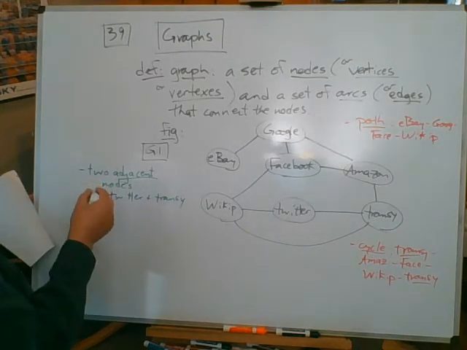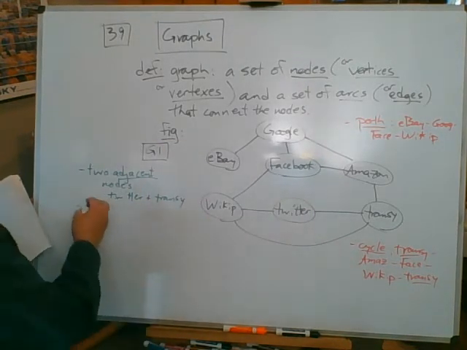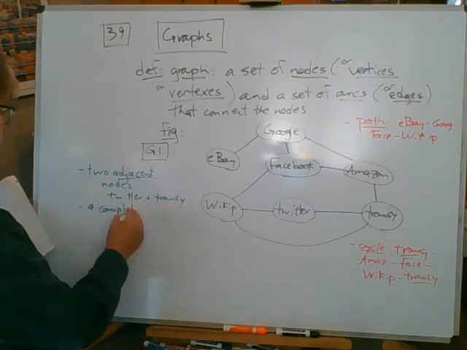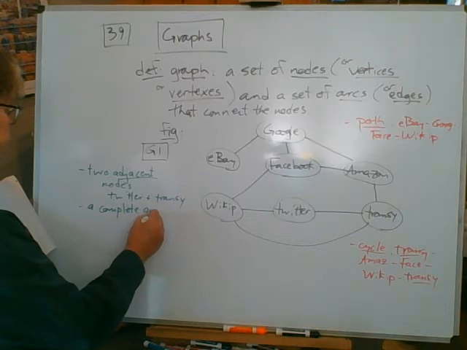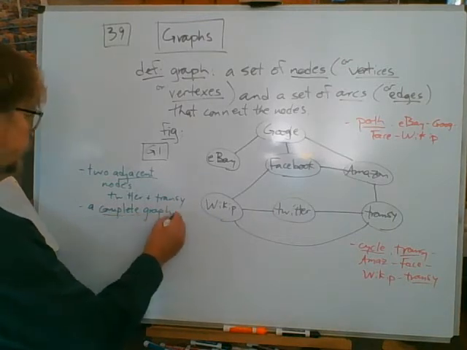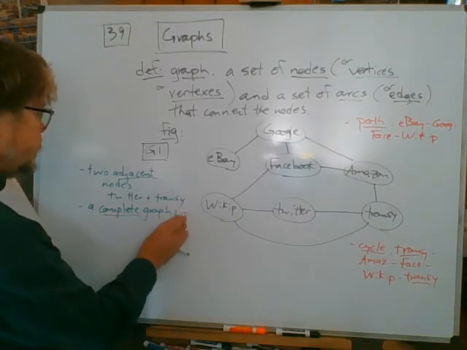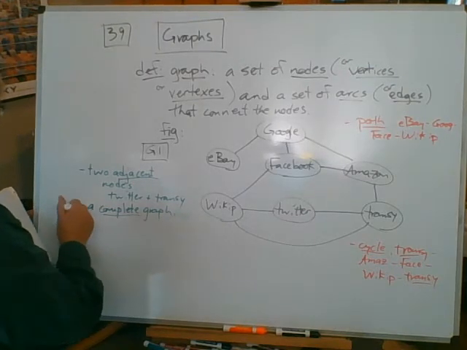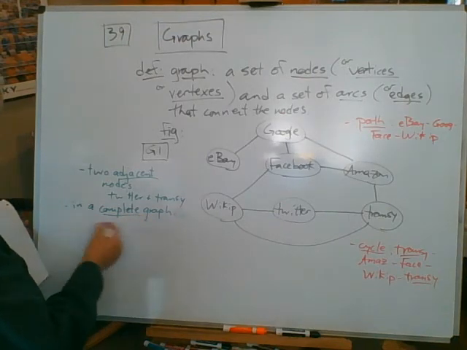This goes a little bit beyond what we need, but while we're talking about graphs anyway, a complete graph has, well, let's see, there's more than one way to define this. In a complete graph, I like this definition that I'm going to write up here.